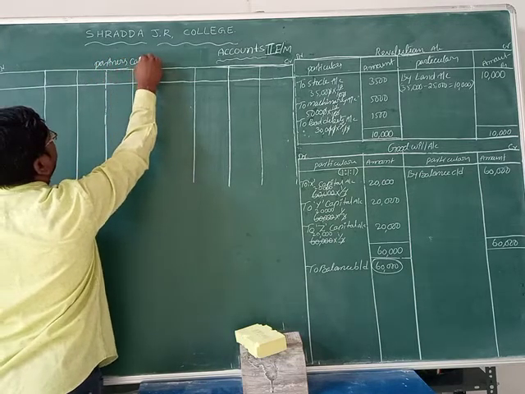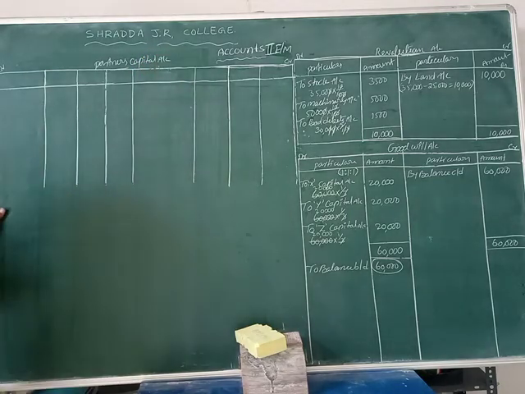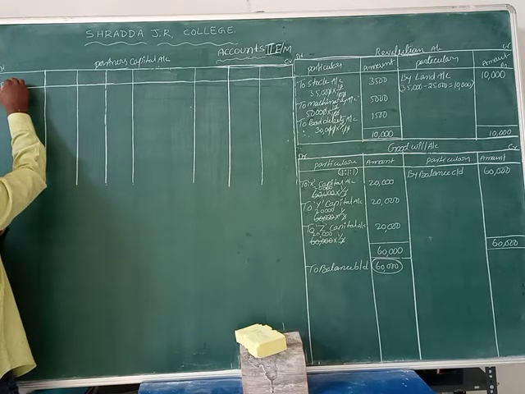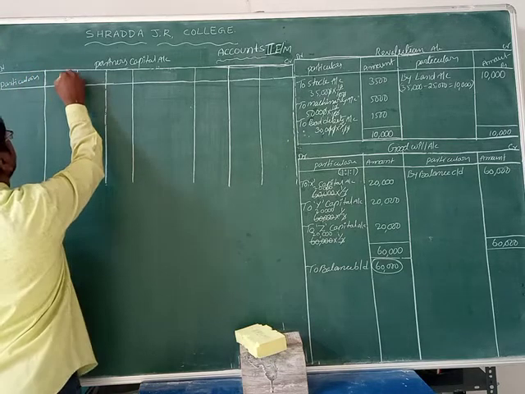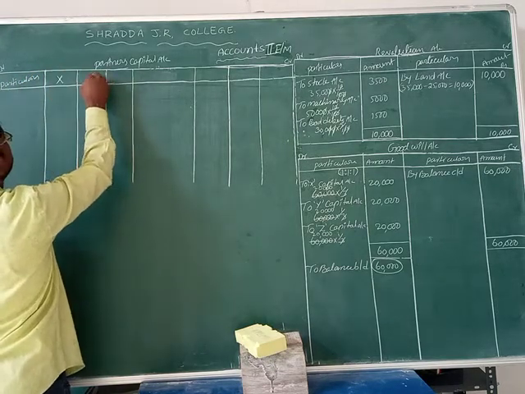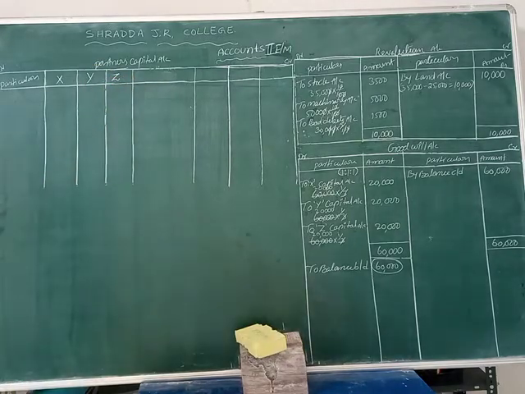Write down here: partners capital account. What is that? Partners capital account. Now we write here particulars: X, Y, and Z. Three partners are there.